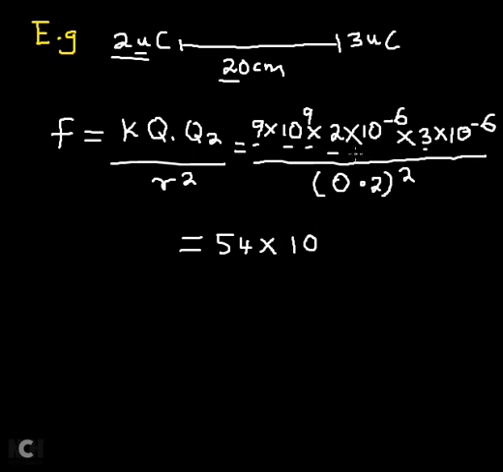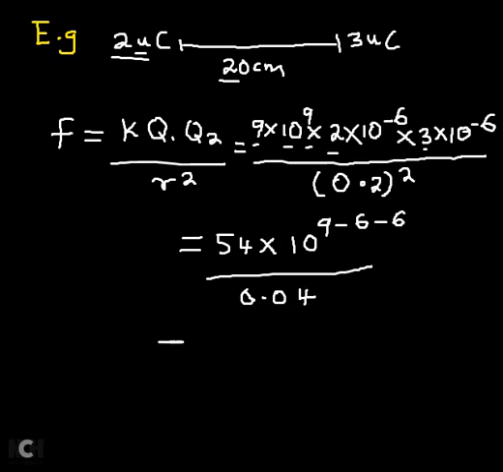That's going to be 10 raised to the power 9 minus 6, then minus 6, then divided by 0.2 squared, which will give me 0.04.